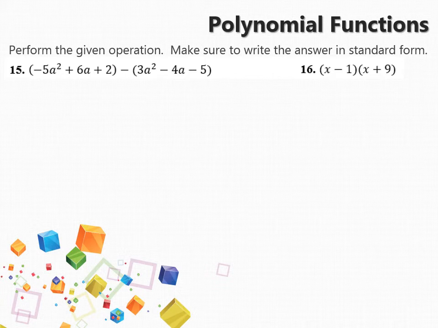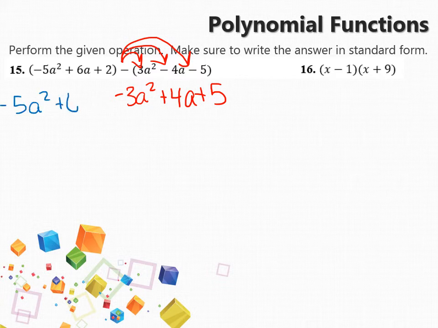All right, let's try one more subtracting problem because it's just a tough operation. Again, the best bet is to distribute that negative, which makes a negative 3a squared, positive 4a, and a positive 5. And then I drop down all that information out front. Now let's combine like terms. I see a negative 5a squared and a negative 3a squared.